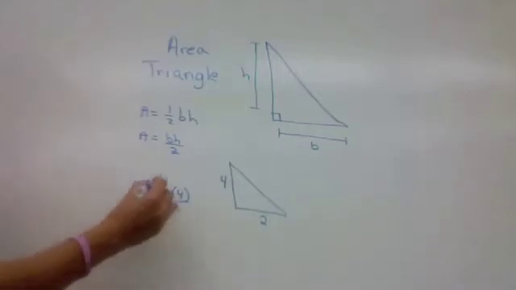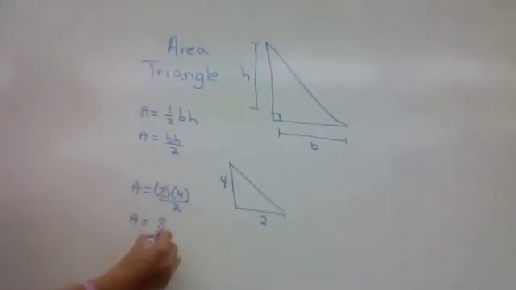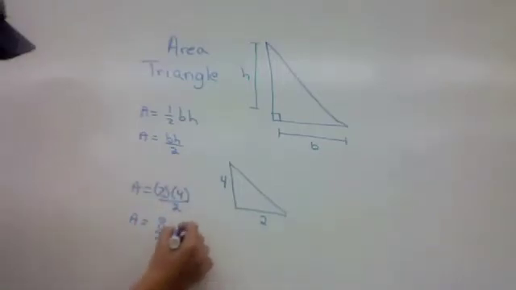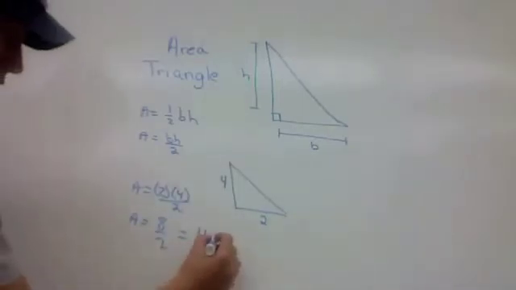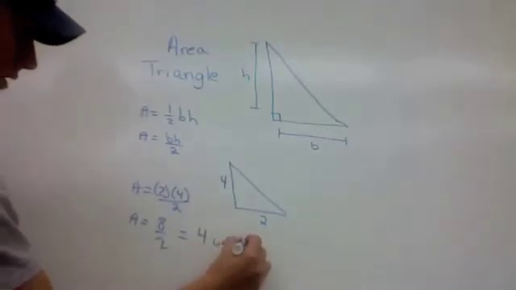So area is going to equal 2 times 4 is 8, divided by 2, and our area is going to equal 4. And again, since I didn't give you any units, it's going to be 4 units squared.